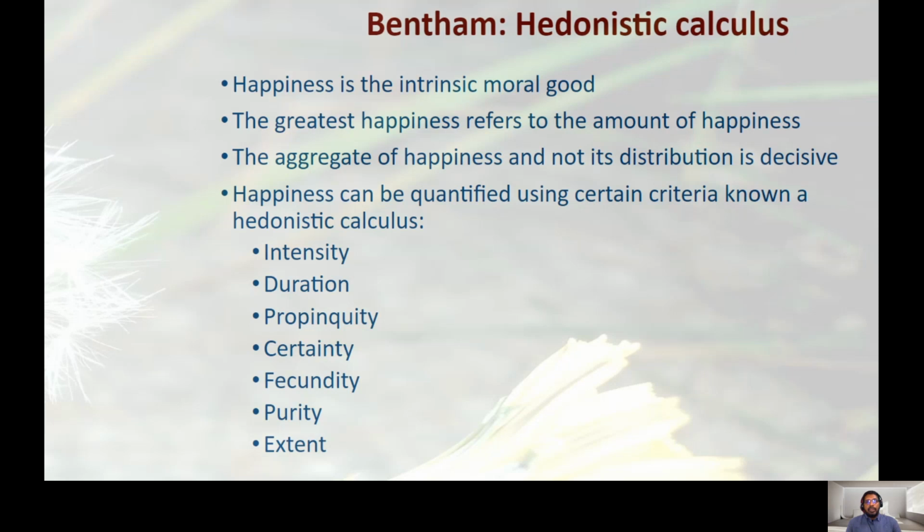It is not only how much happiness is distributed among people, but the happiness of all the people put together that counts. So let us say now there are again 100 students in the class. Now, 70% of you think that this class is important for your life, and you give about 80% in terms of its importance.